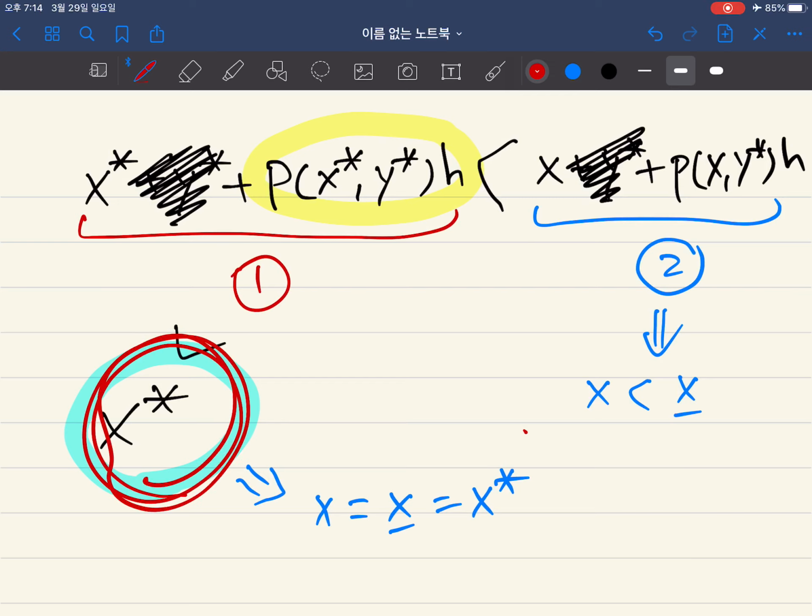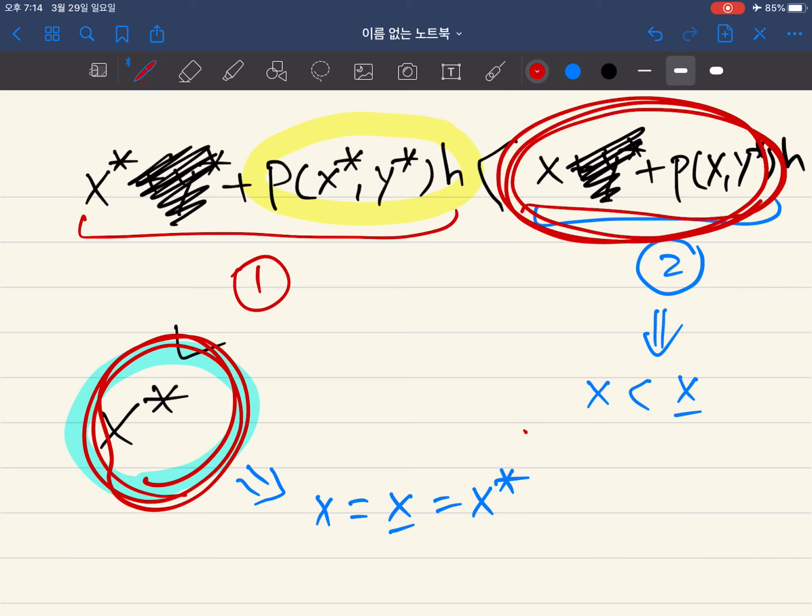And if injurer is not choosing due care, so his care is less than due care, this is injurer's cost. So it's gonna be always bigger. So our conclusion is injurer is gonna choose X star. So we are done with the first part.